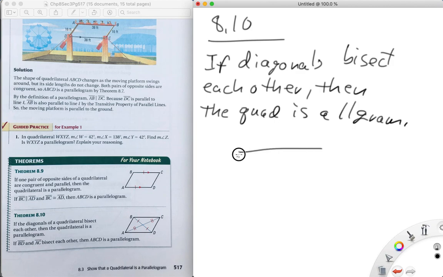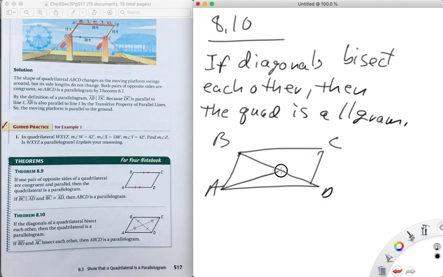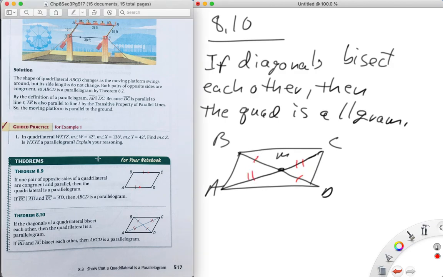If we want to draw a picture, A, B, C, and D. There you go. Okay.